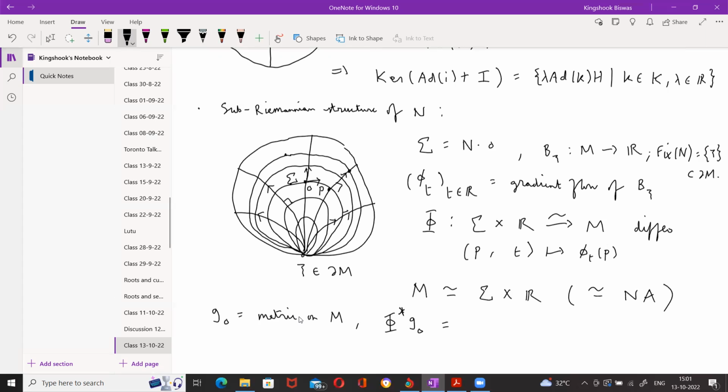Then these two are orthogonal for the pullback metric, because they're orthogonal in M. So that means when I write out the metric as a 2-tensor, I won't get any cross terms.